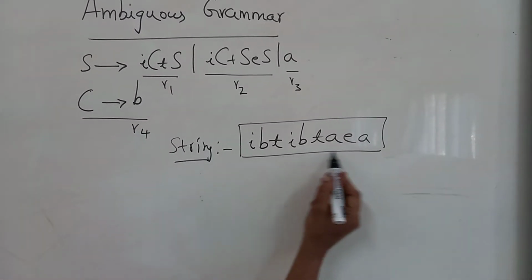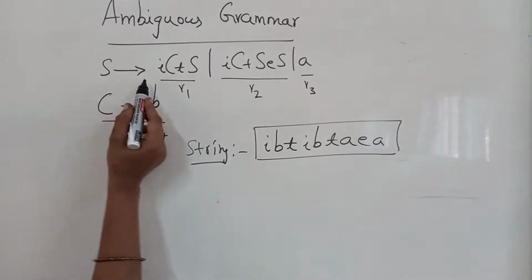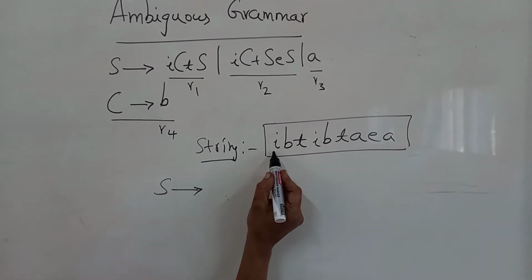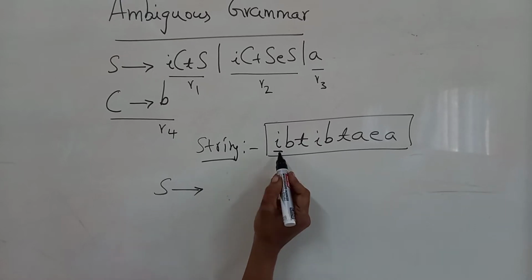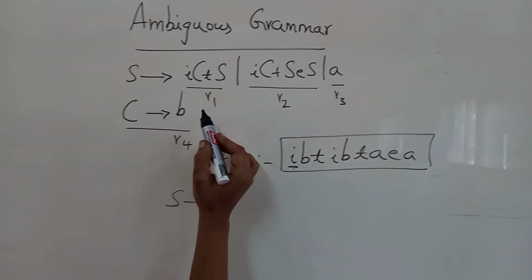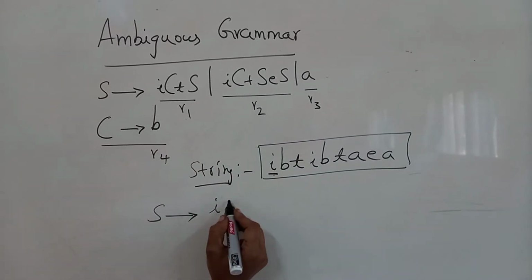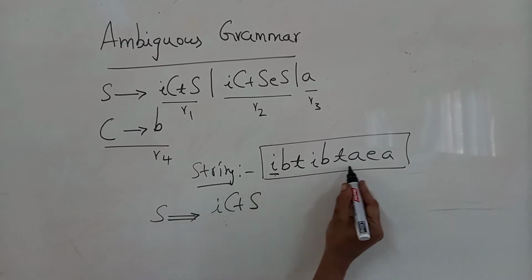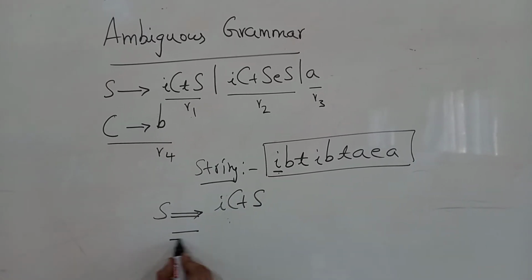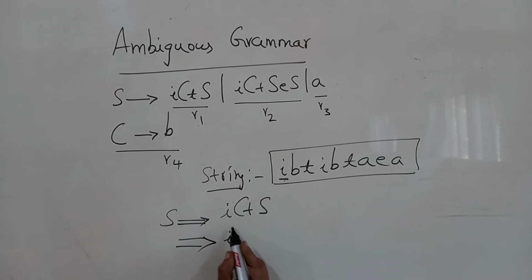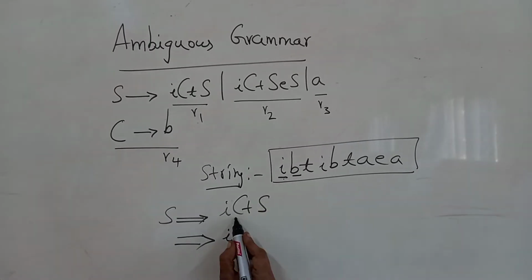Now, to get this string, I will start with the starting production S, and since the first character in the given string is i, I can apply either rule 1 or rule 2. So I will apply rule 1, which is iCtS. The first character i is there, and next the character b is required, but here C is there.